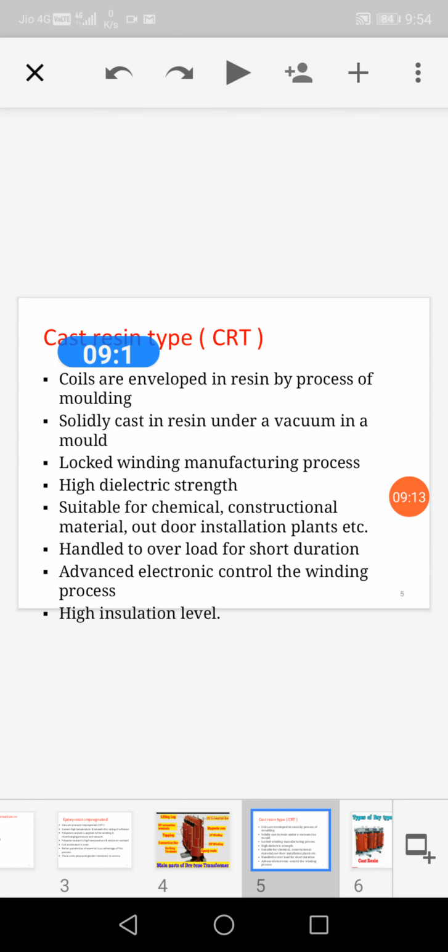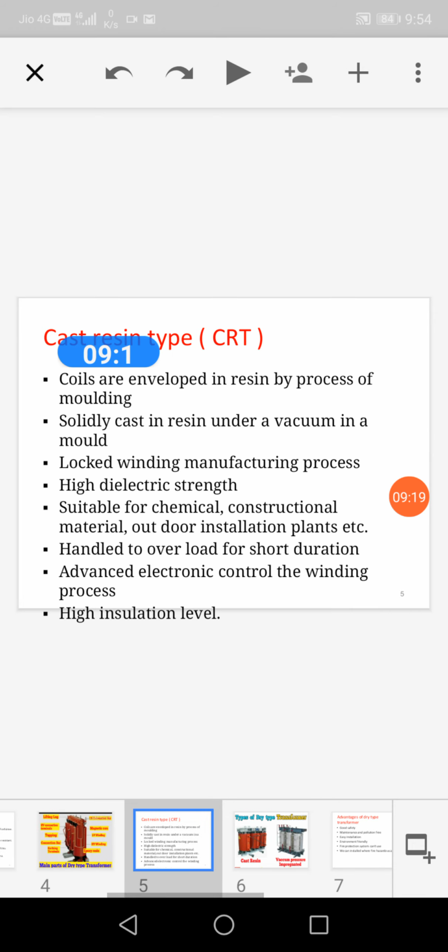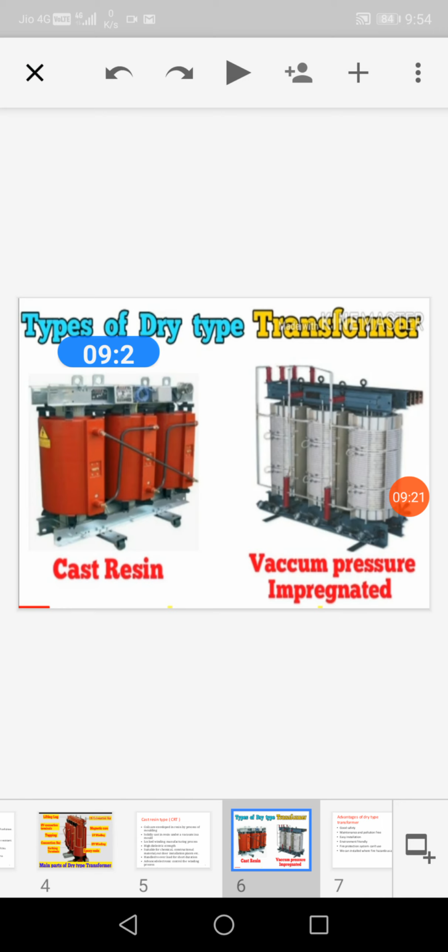These are the main important points of the cast resin type transformer, and here we also give the difference between the types of dry transformer, cast resin and vacuum types. Cast resin types have 3 separated windings, and they have 3 molds.